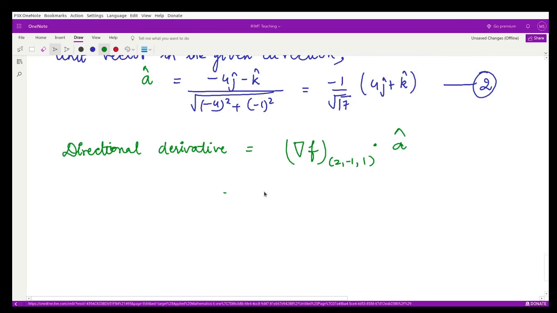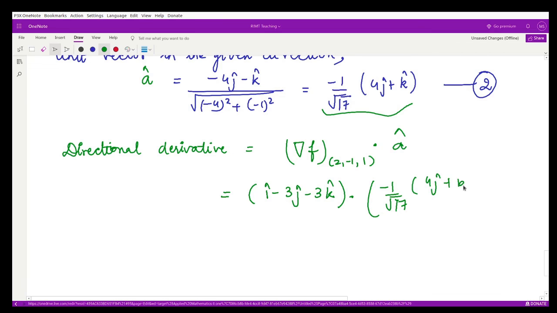So this is equal to the first vector which we calculated, i cap minus 3j cap minus 3k cap, dot product with this vector, which is minus 1 by square root 17 into 4j cap plus k cap.